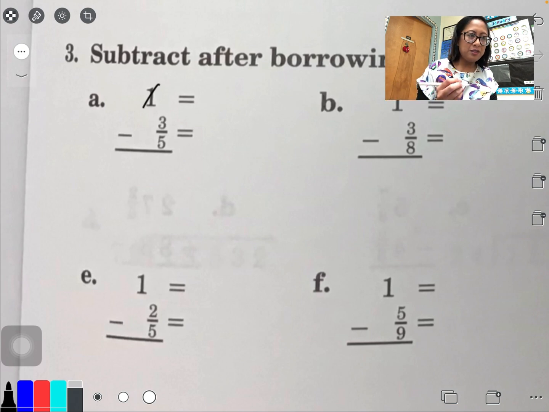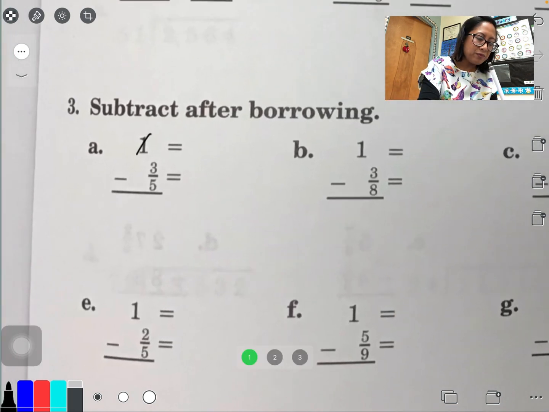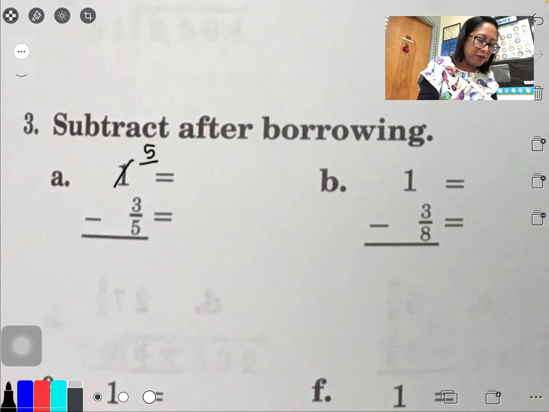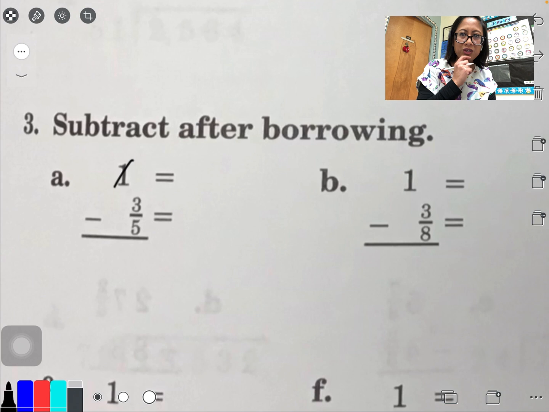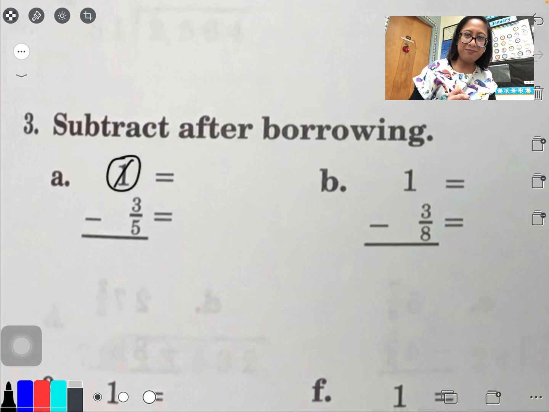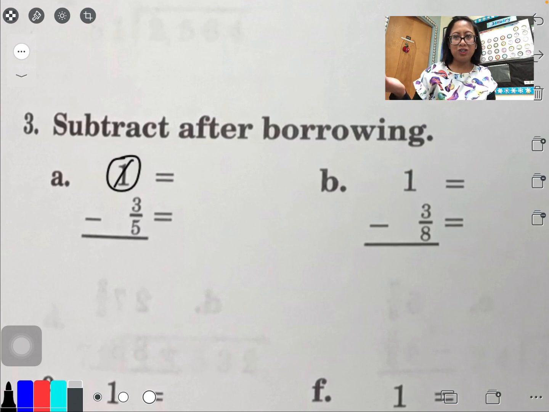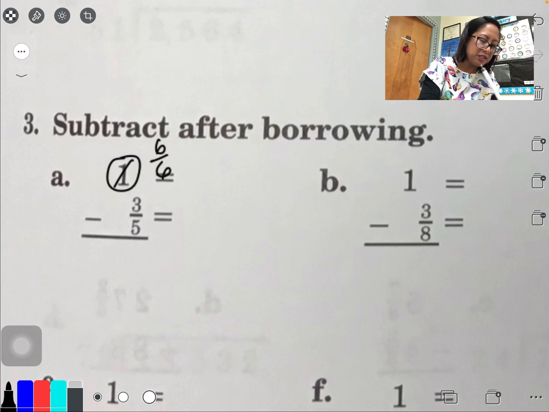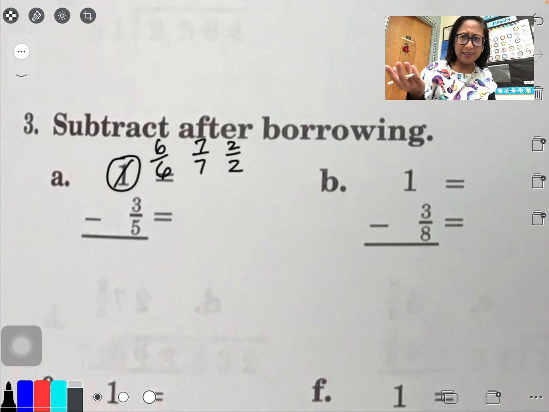And since I know that 5/5, no, sorry, let me go back. I need to create a fraction that will equal 1, and my fraction has to have the same denominator as this. Because if I make up any fraction, say 6/6 or 7/7, or 2 2s, I can't do that, right?